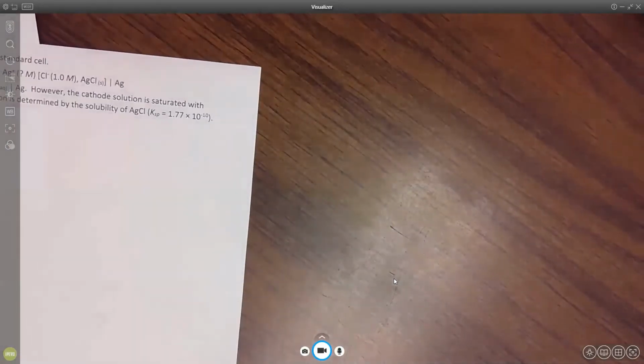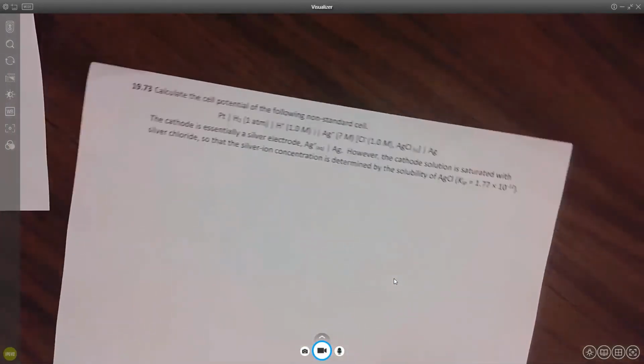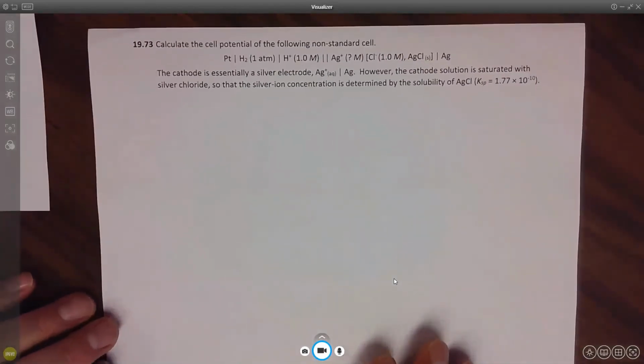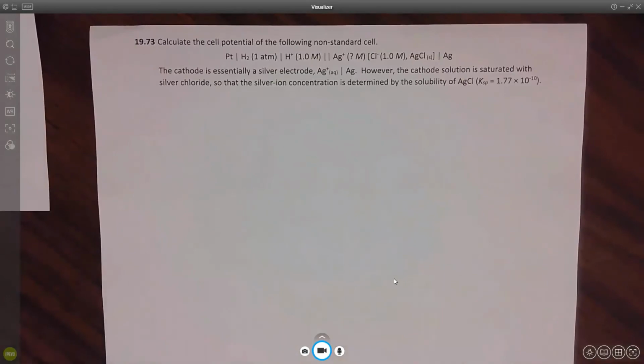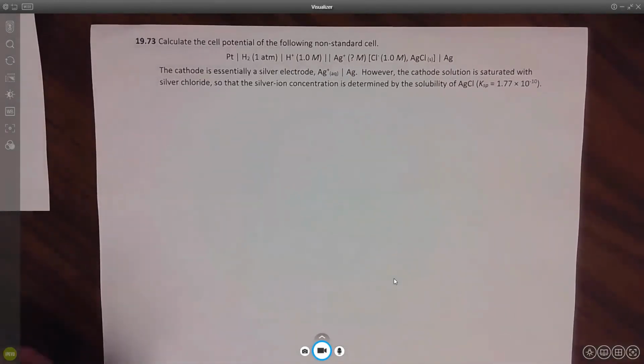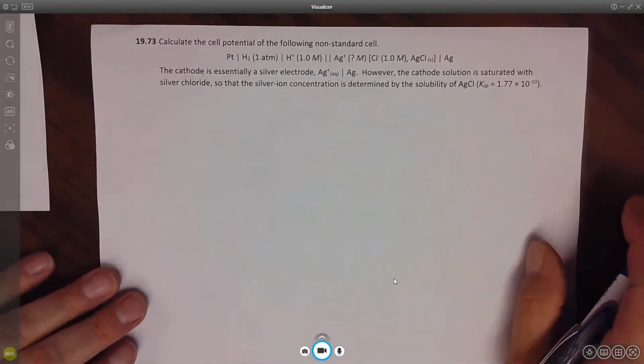Okay, let's try another from this chapter. So this will be number 73 from chapter 19. It says, calculate the cell potential of the following non-standard cell. So again, we have a non-standard cell, which means that we're going to be dealing with the Nernst equation.